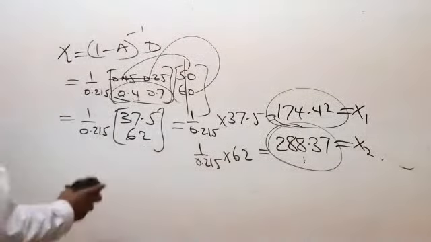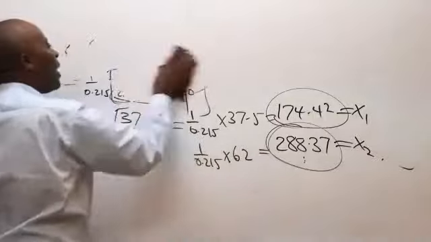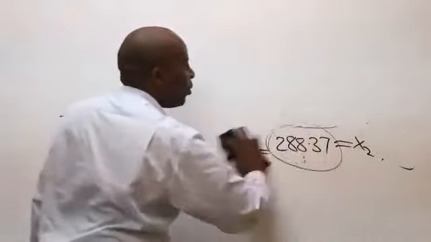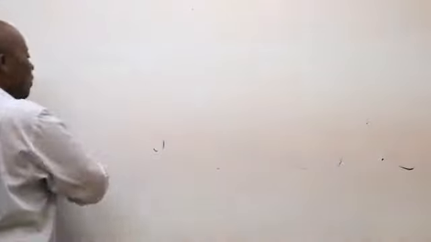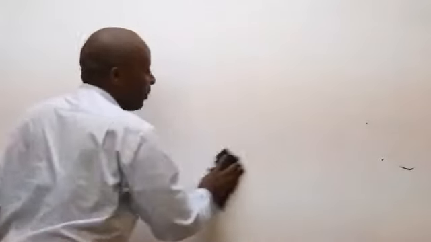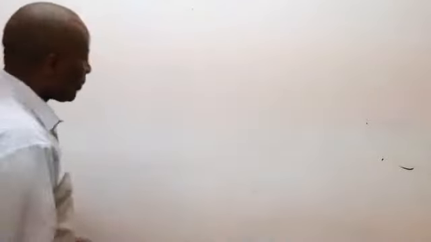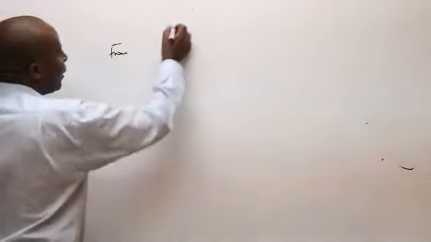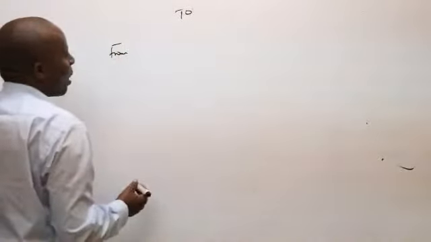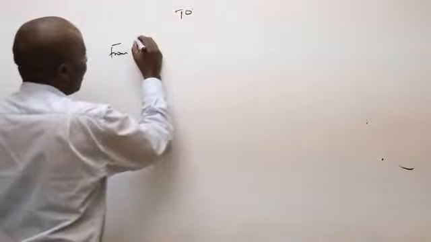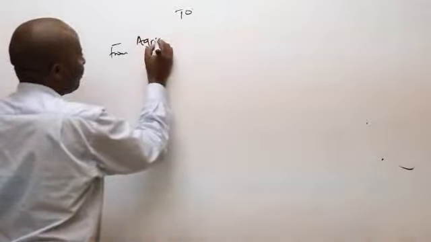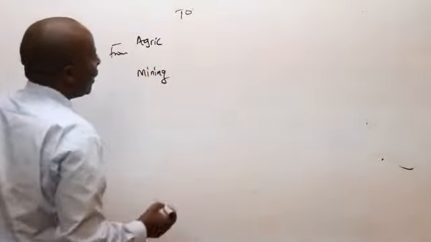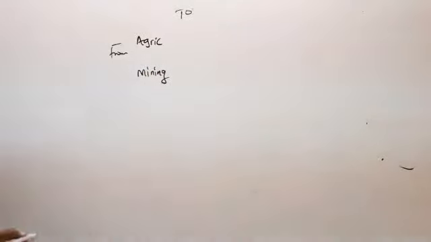Now, ladies and gentlemen, listen. Your examiner will never give you A directly like that. What your examiner will do is give you this kind of question. We have two sectors, agriculture and mining.